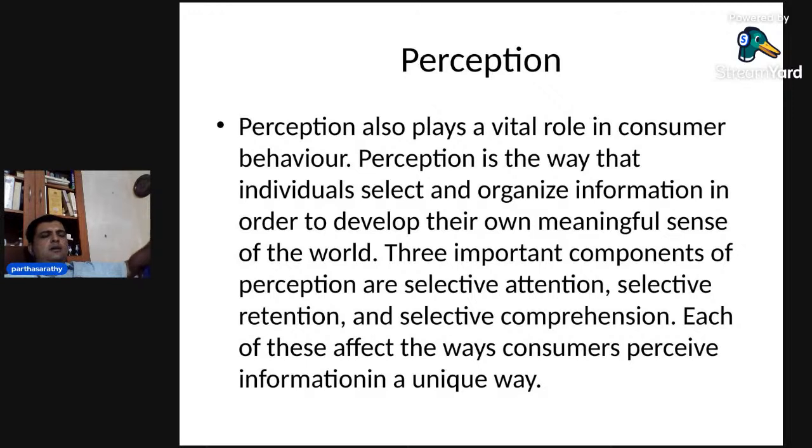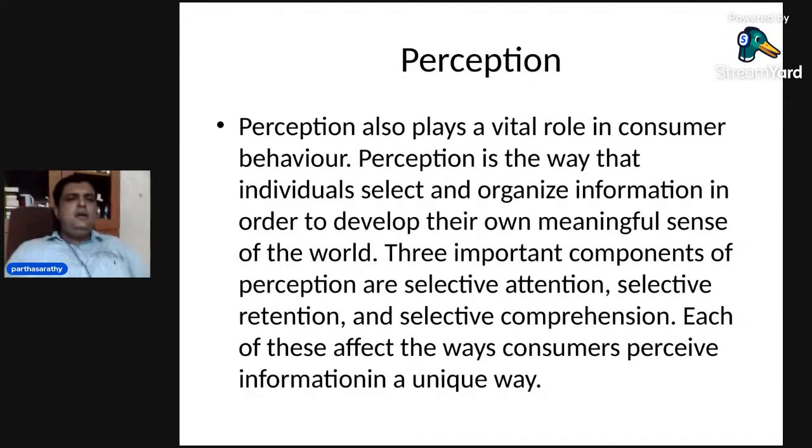It makes it more comprehensive to understand that these are the needs that a human being goes through. Now, in the same way that motivation plays an important role, perception also plays an important role to the market. So perception also plays a vital role in consumer behavior.